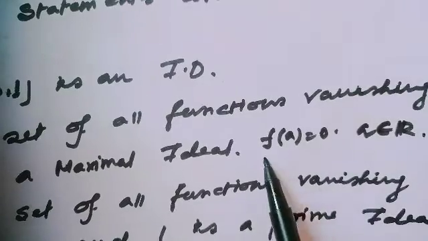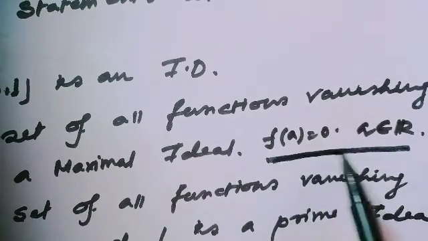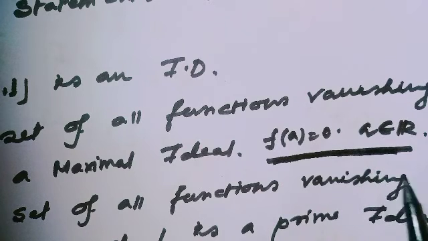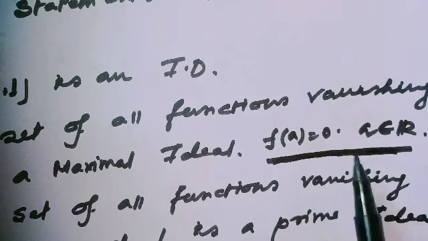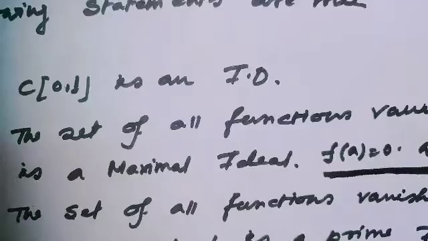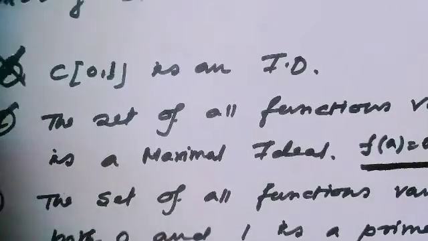I have discussed this part in my earlier video elaborately. Are you getting why I have told you this type of question is very important for any competitive exam? By this method, you can easily tell the set of all functions vanishing at 0 is a maximal ideal.